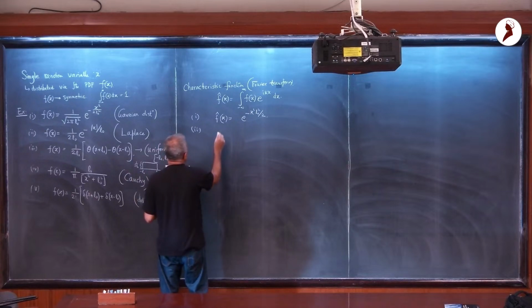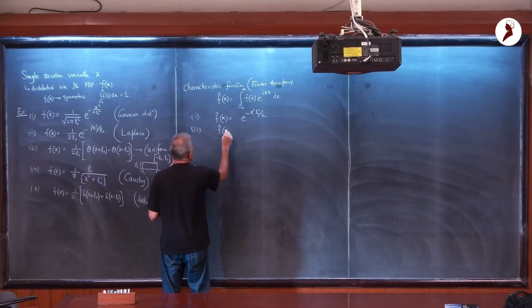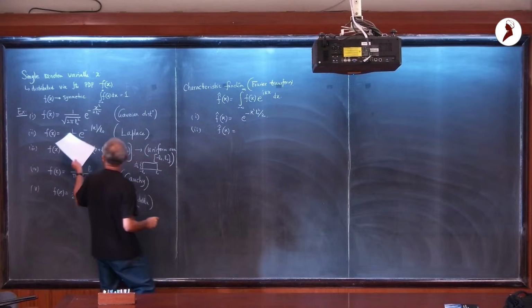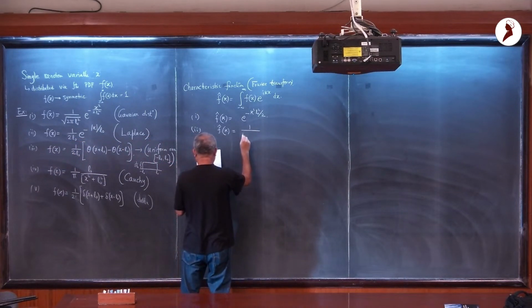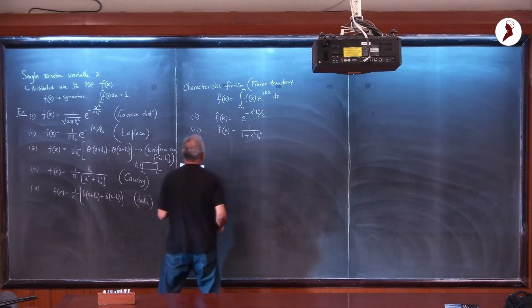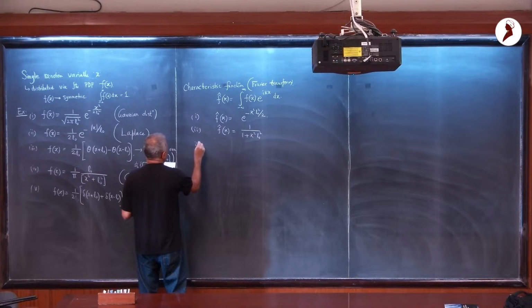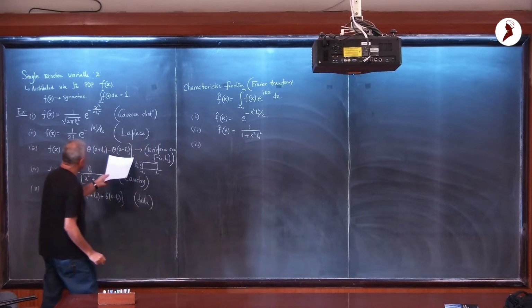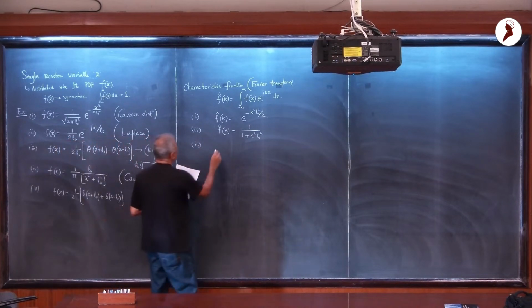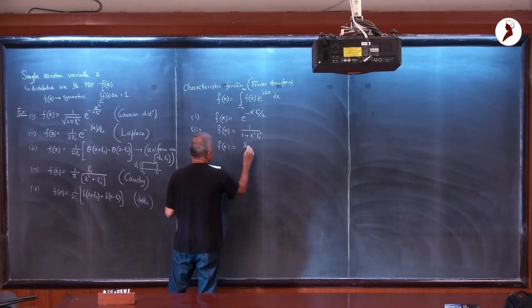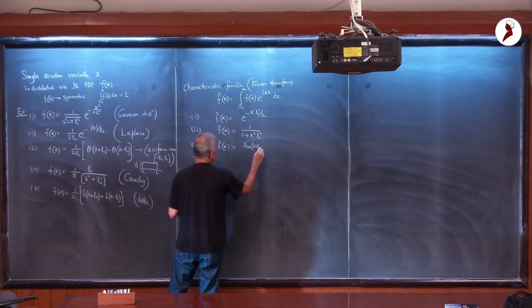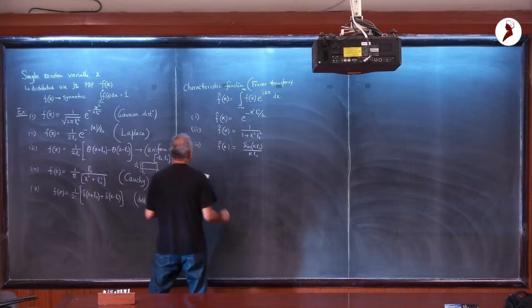For the double exponential, the Laplace distribution, this Fourier transform is a Lorentzian. The Fourier transform of the uniform distribution is a sine.